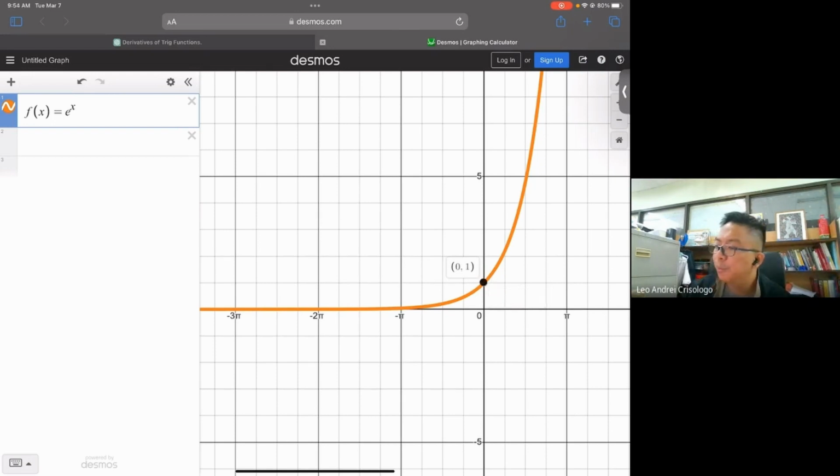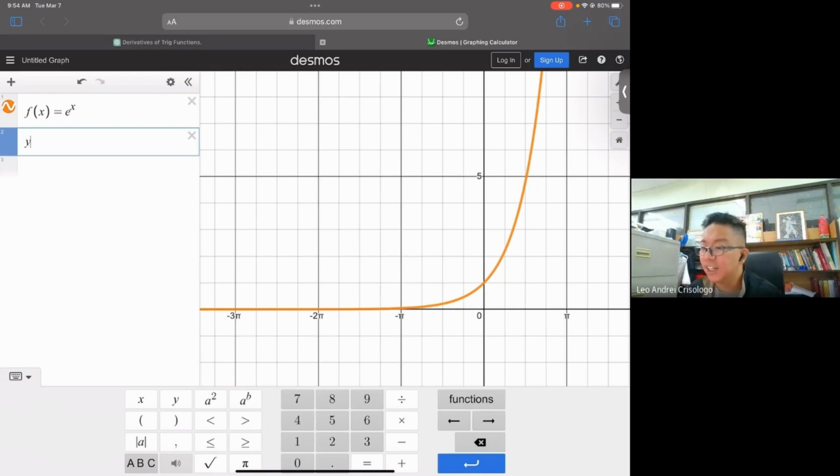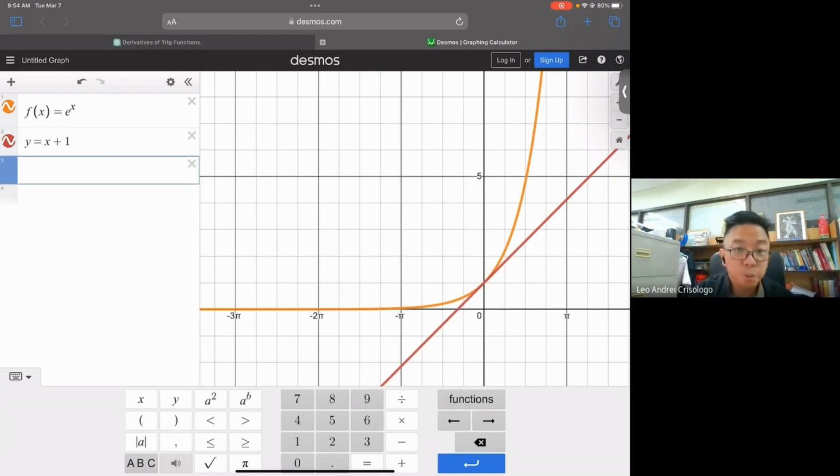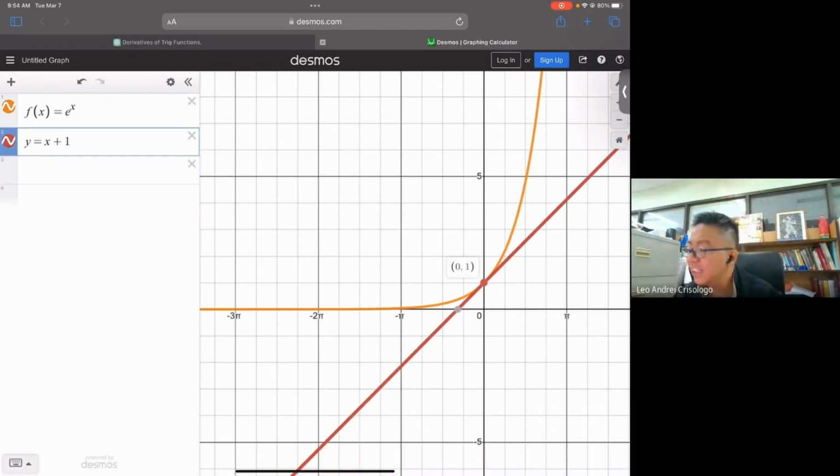Actually, baka nga pwede siyang 1. Like, I have the graph na, I have a line y equals x plus 1. Tapos tangent siya dito. So mukhang siya talaga yung tangent line at x equals 0 sa exponential function. At yung slope ng tangent line natin ay yung slope ng line, which is 1.